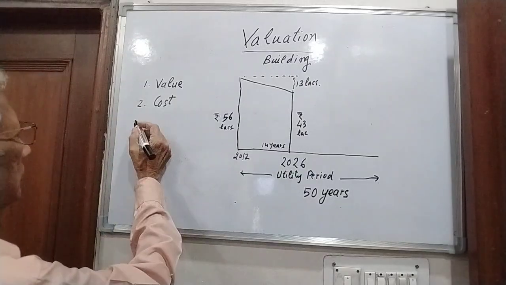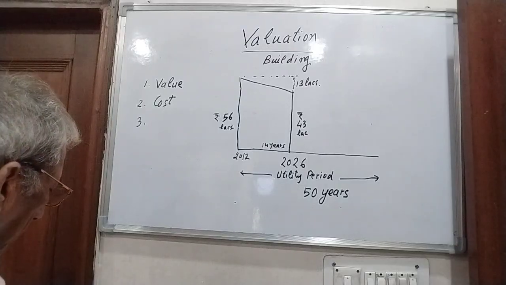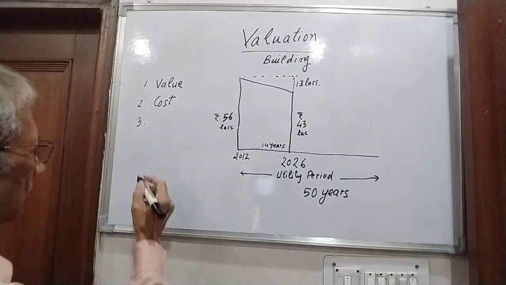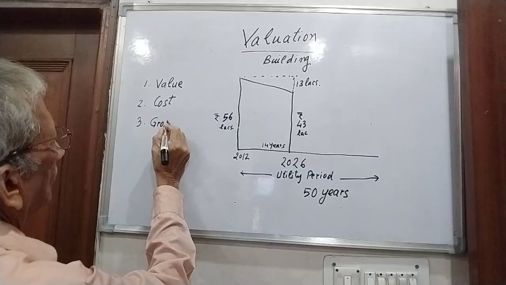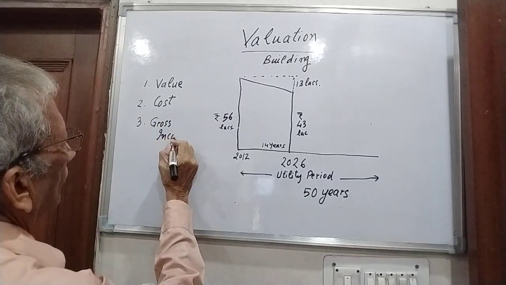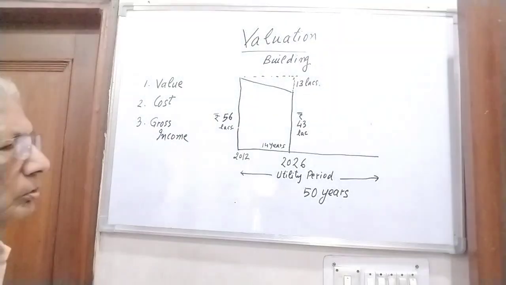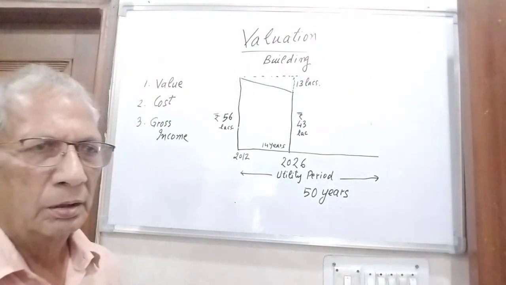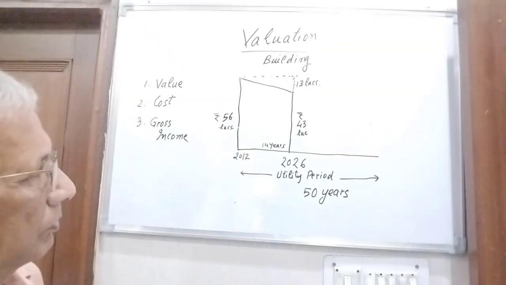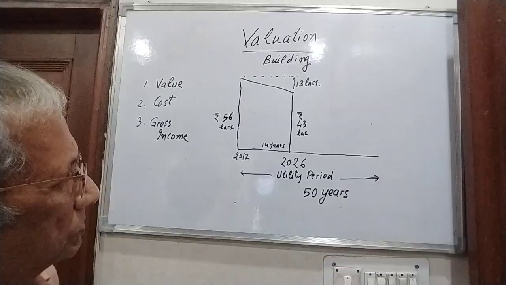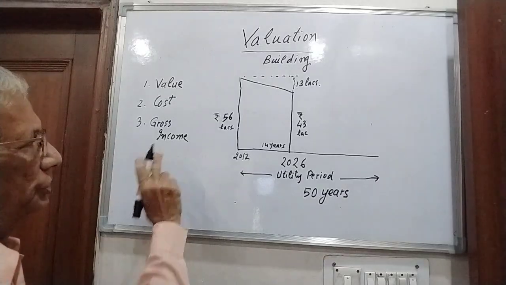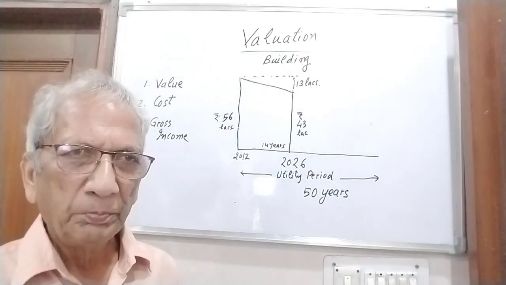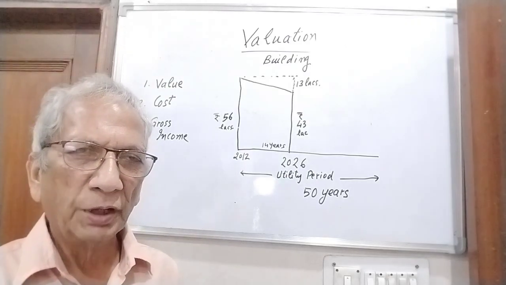Now, next term is gross income. Gross income means at present whatever benefit we are getting, the money we are getting from the customers, that is called gross income, without subtracting the maintenance expenditure, electricity bill, the wages of chowkidar.